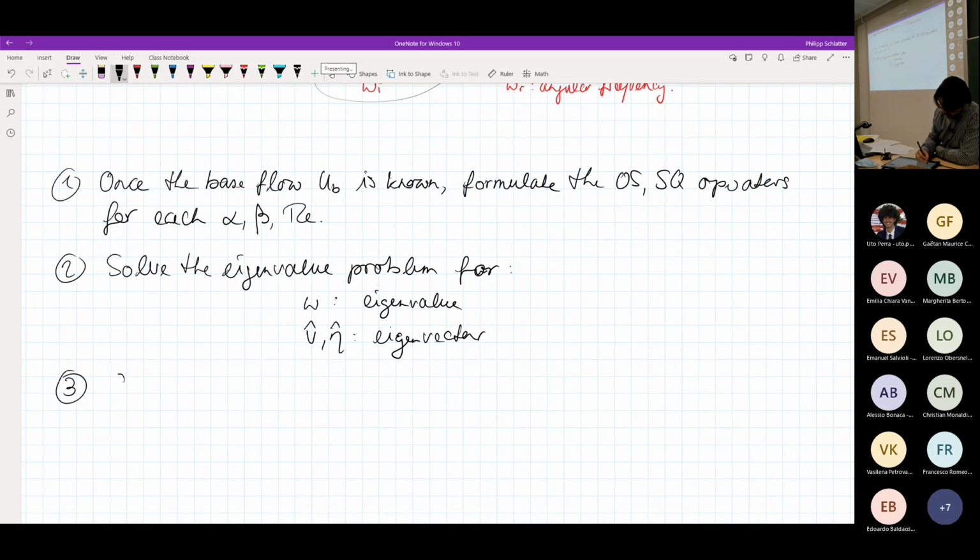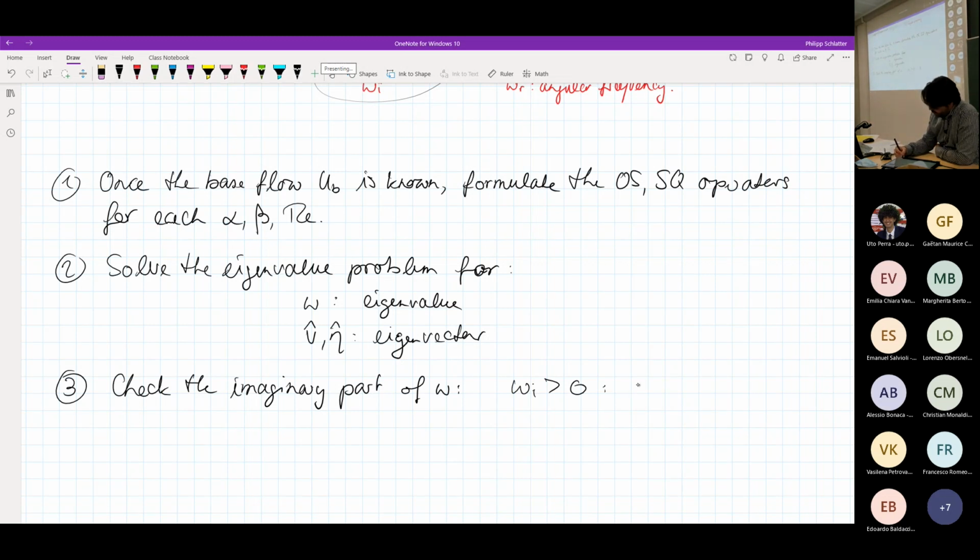So check the imaginary part of omega. And if I have omega imaginary larger than 0, I have an unstable mode. And of course, that's exactly what I'm interested in. So I would like to know, do I have an imaginary omega larger than 0?